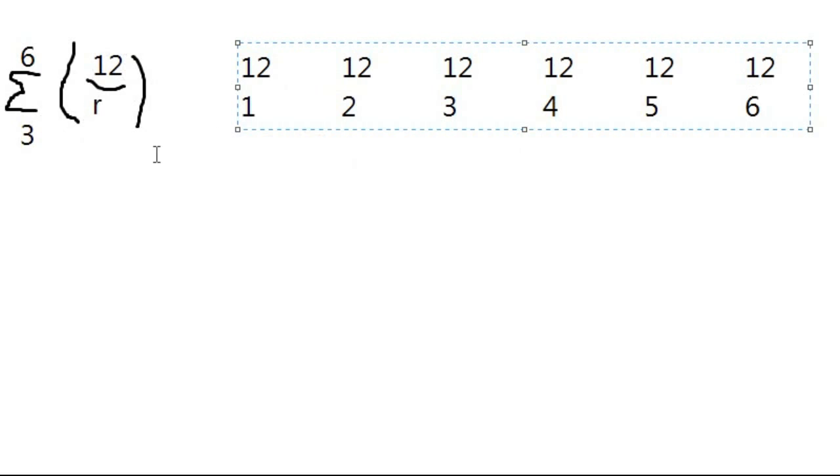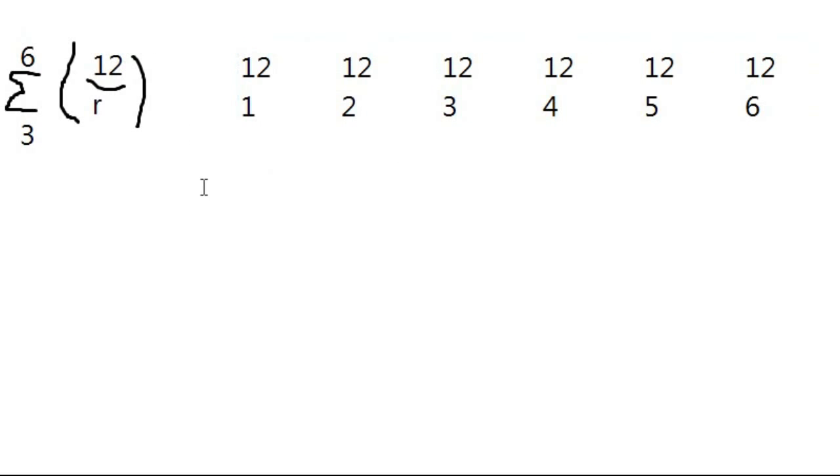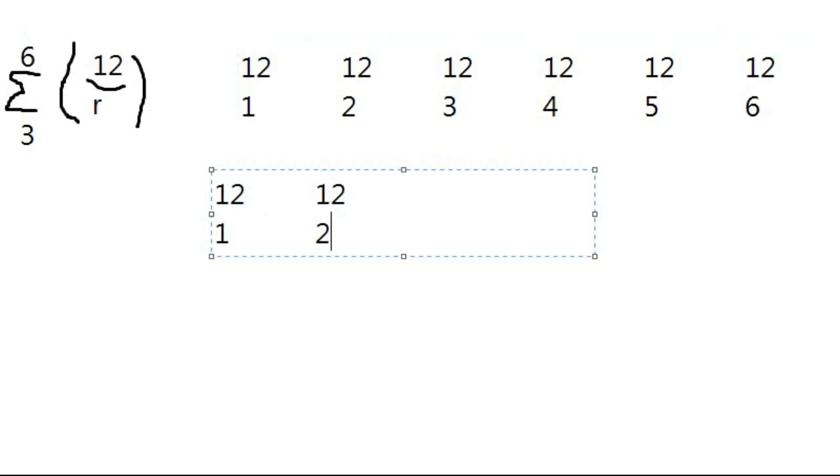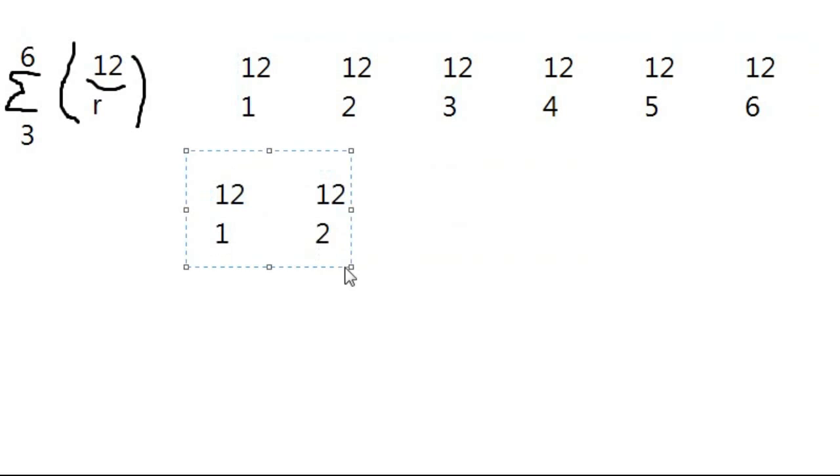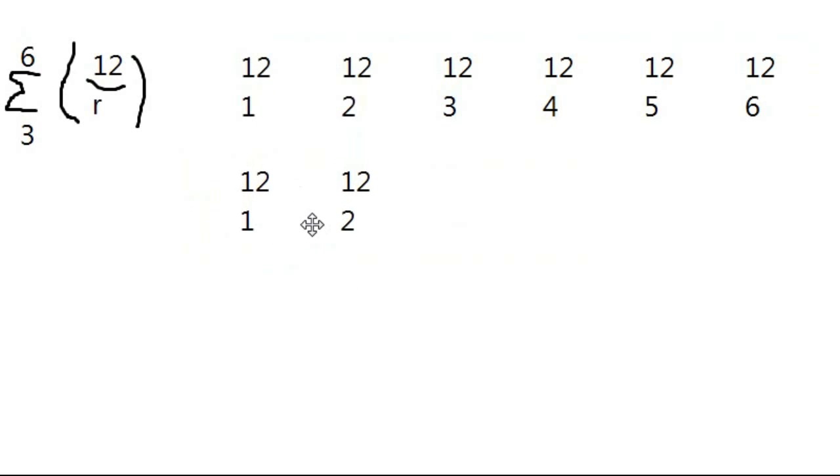But we start with 3, so actually we will subtract the first 2, so that we get the bottom 4 of them. So in this case, I subtract the above sequence by 12 over 1 and 12 over 2, and you'll notice that these are basically the same, so you can just cancel them out because of the subtraction between these two rows.